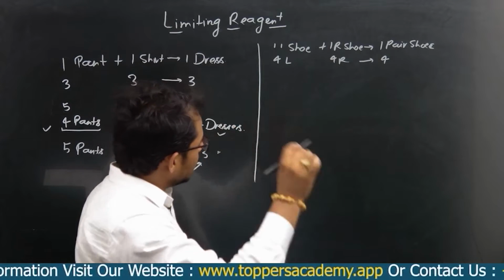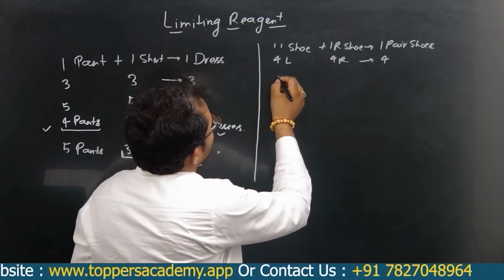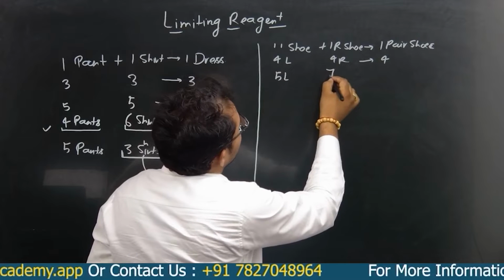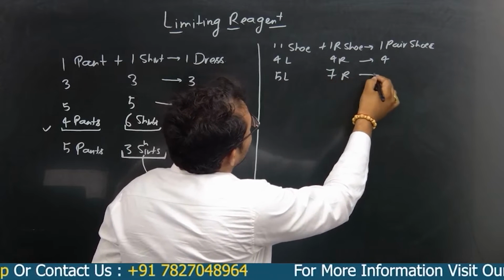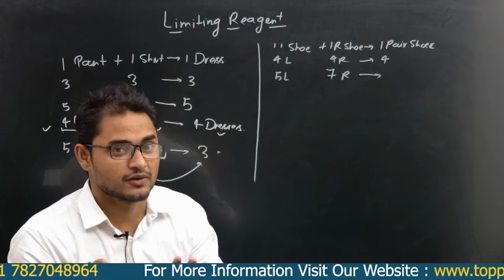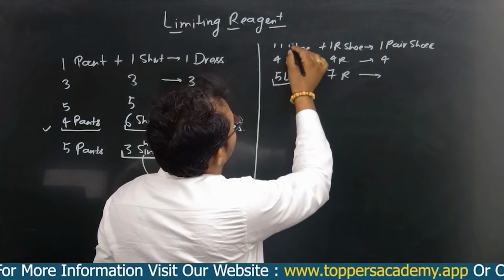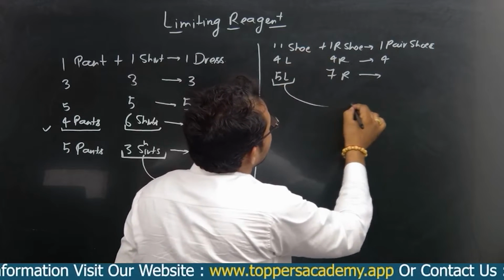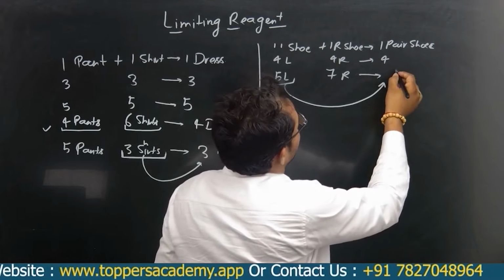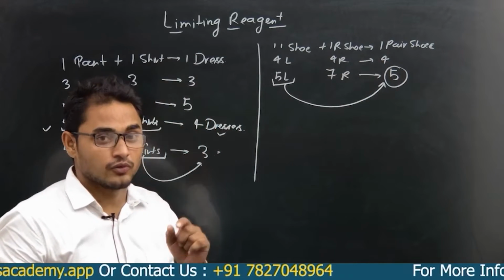And if I take, suppose, 5 left shoes and 7 right shoes, there will be a formation of only 5 pairs of shoes. Now the deciding factor is the number of left shoes, and it is deciding the product, that is, pairs of shoes. Only 5 pairs of shoes will be formed in this case.